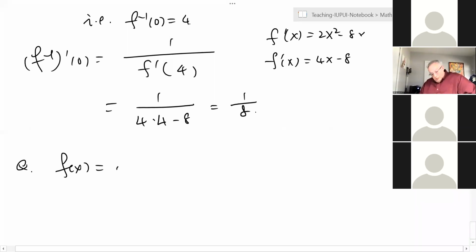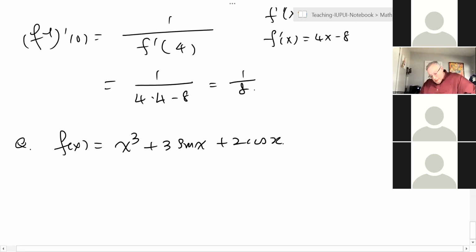I have an example here: x cubed plus 3 sine x plus 2 cosine x. I'm not asking you to find the formula for the inverse function, but I want you to find the derivative of the inverse function at 2.